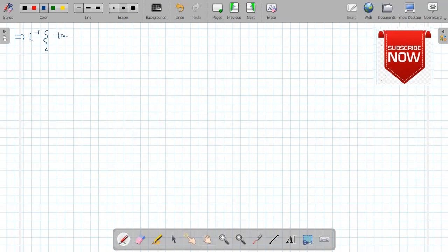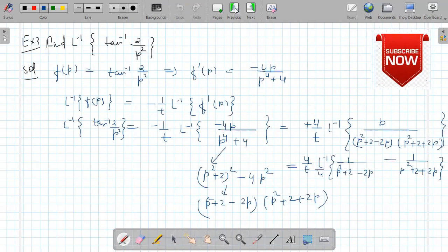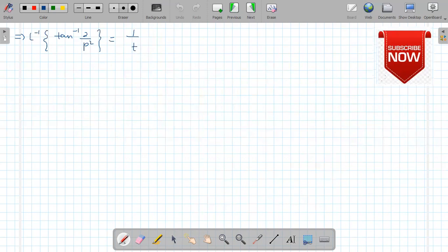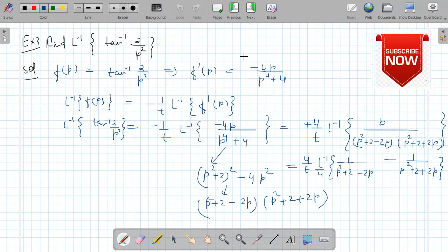So Laplace inverse of tan inverse 2 upon p square is equal to 1 upon t into Laplace inverse of 1 upon, you have to make it a perfect square.